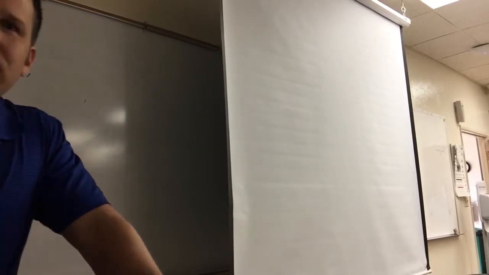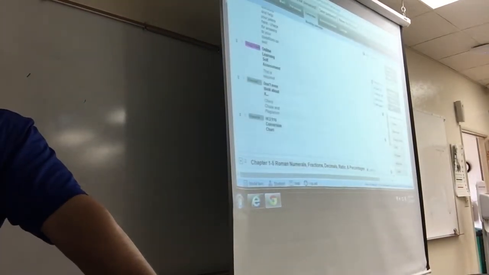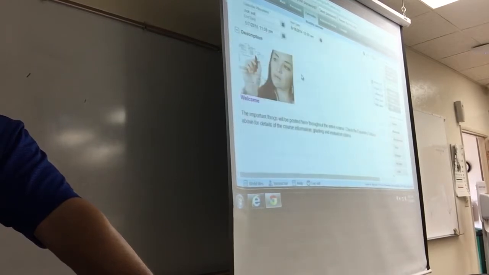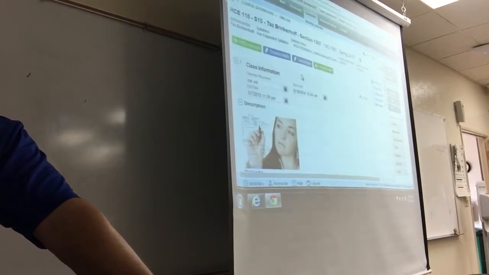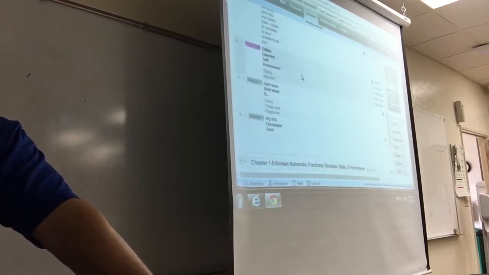All right, so let's try this again. So this is that first module that has class information on it. A couple of people said that when they printed out the conversion chart here, it cut off the bottom portion.